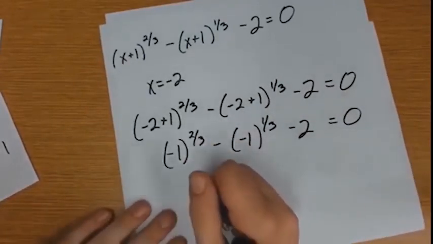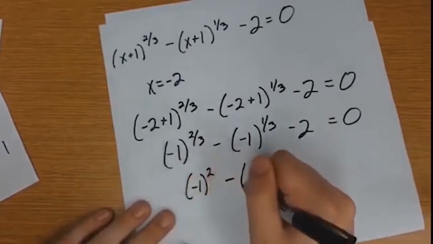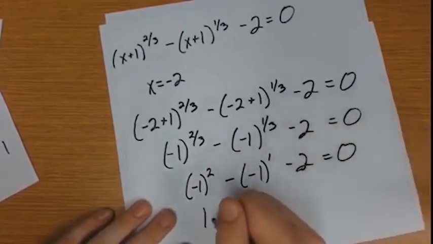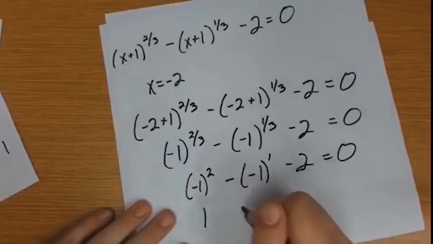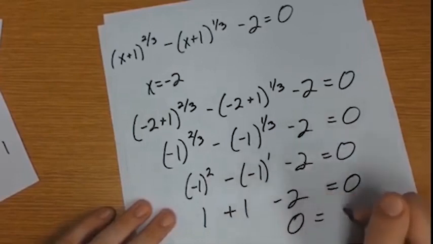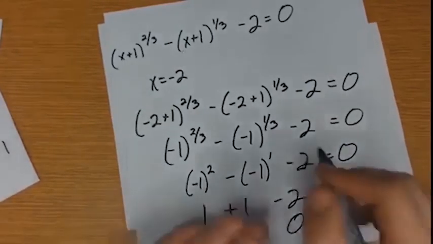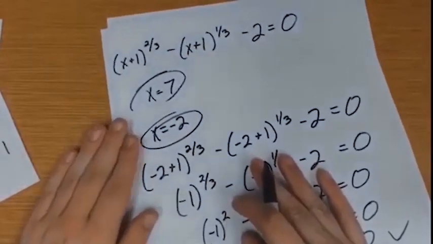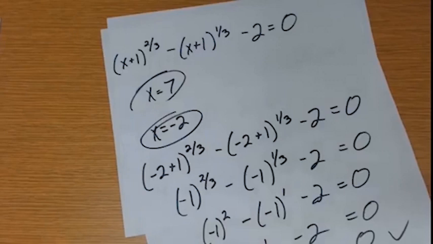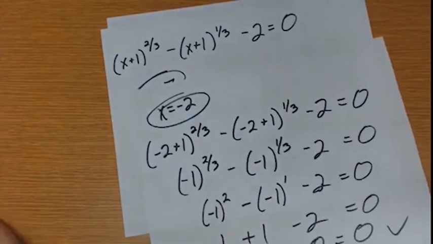Cube root of negative 1 is negative 1. So negative 1 squared minus negative 1 to the 1st minus 2 equals 0. 1 minus negative 1 would be plus 1. Minus 2 equals 0. 2 minus 2 equals 0. 0 equals 0. So they both check. 7 and negative 2. Apologies for the derailment during that problem. Let's take a look at example 8b.